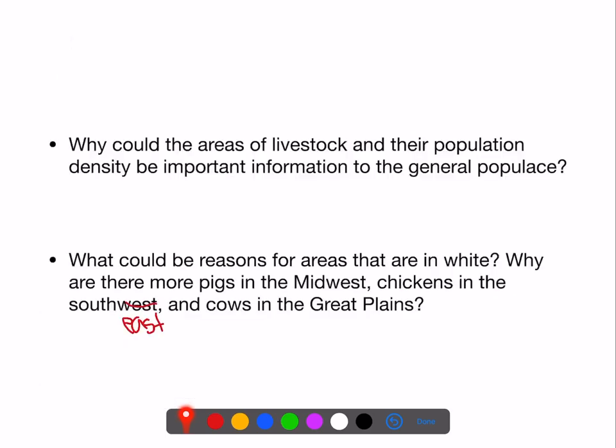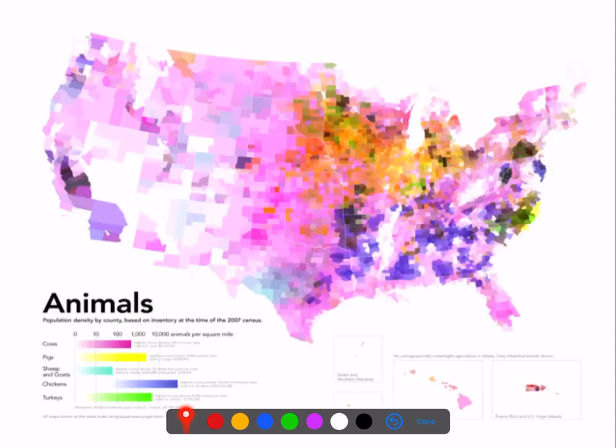Meanwhile, chickens in the Southeast, well, one interpretation of this could be it's more humid in the Southeast than other parts of the country. I mean, granted, it is humid in the Great Plains as well, but in the Southeast, it's very, very humid. And that means that more bugs will populate those areas.